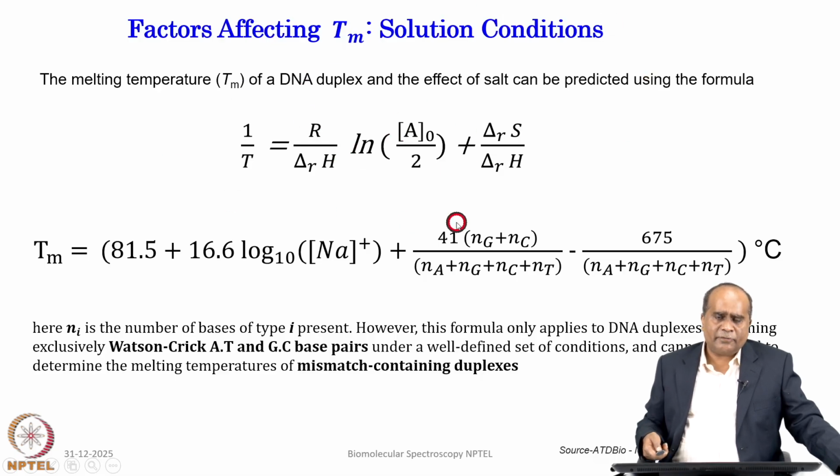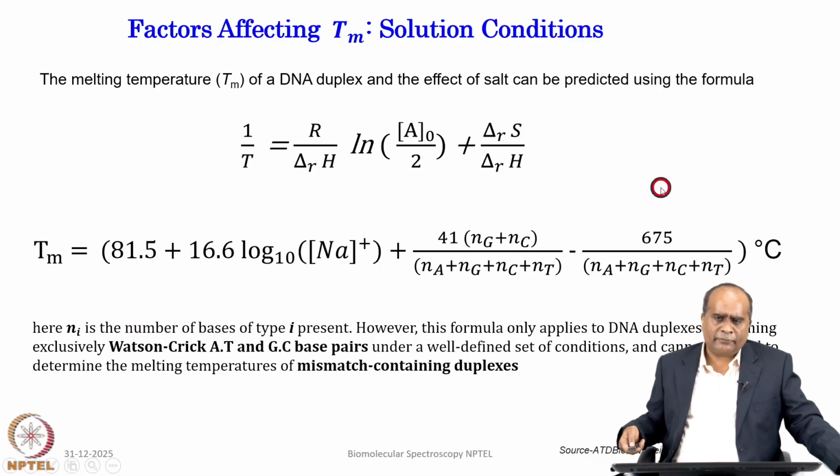So, this is the equation that we had seen, in a linear way, with intercept and slope. One can get it, and you can find out that the salt concentration affects it.